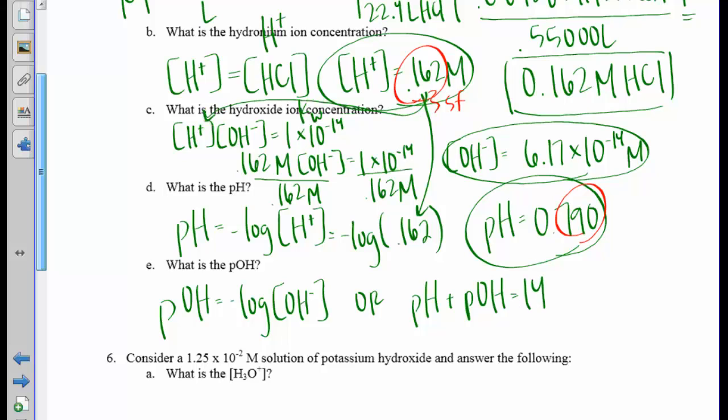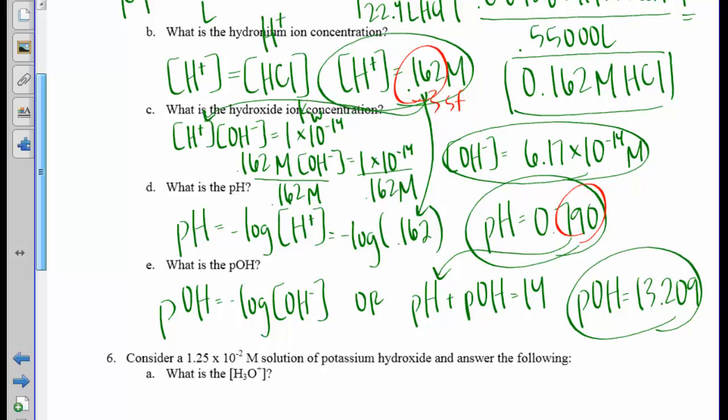And we can plug in the pH and solve for the pOH. And in doing that, I calculated the pOH to be 13.209.